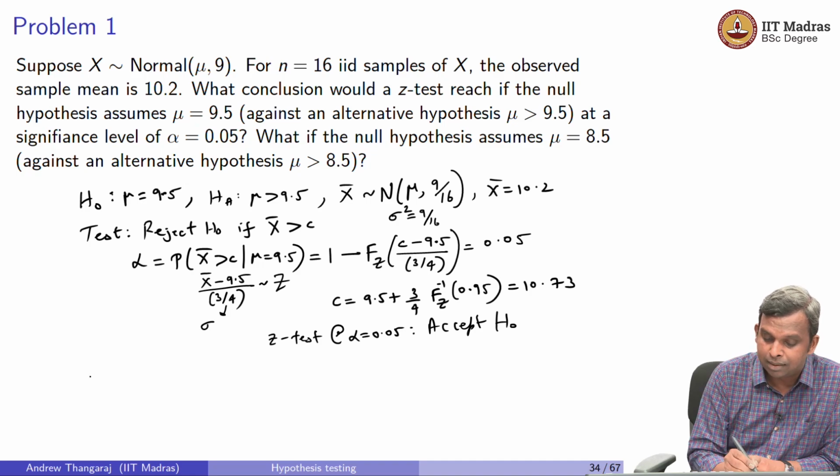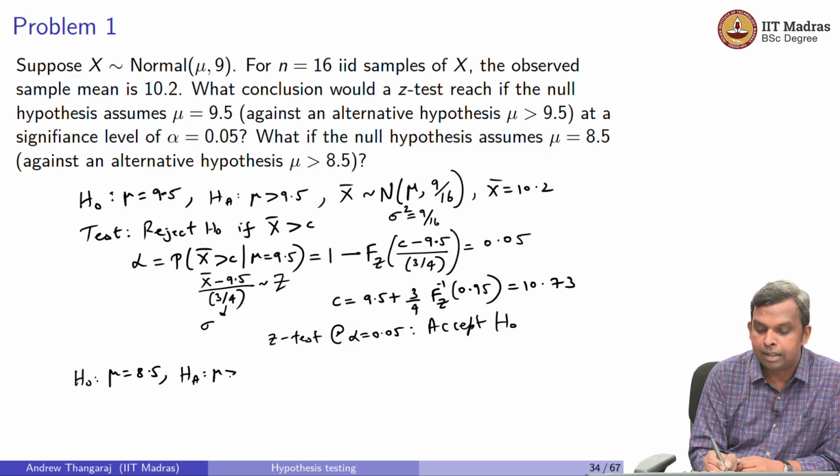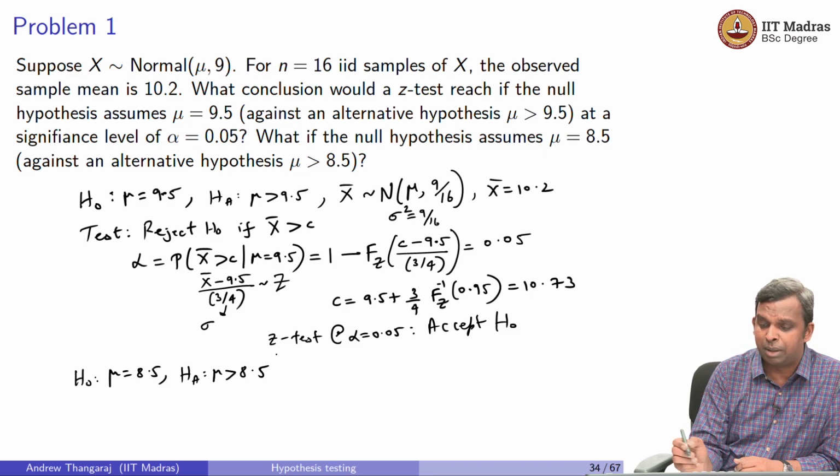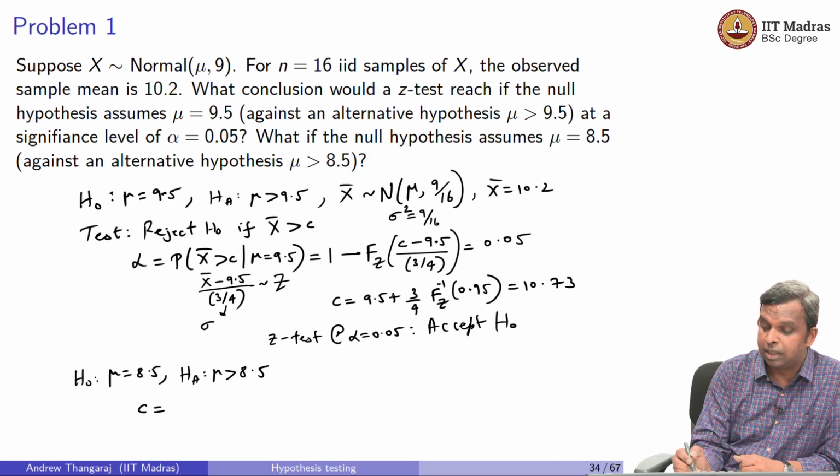So the other one is this other case where the null hypothesis is mu equals 8.5 instead of 9.5, and the alternative is mu greater than 8.5. Everything else remains the same. The only thing that changes in this equation is instead of 9.5, you have 8.5.